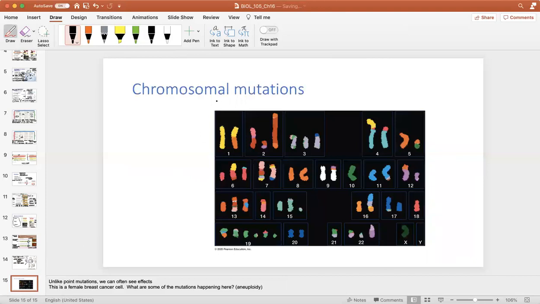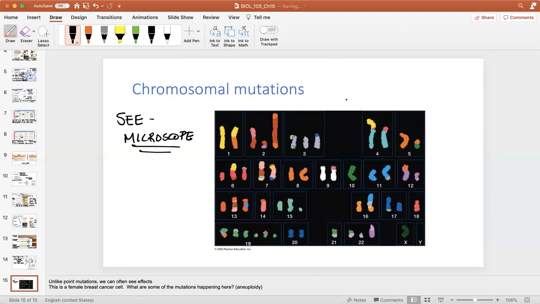The last thing that I wanted to mention is that unlike point mutations, where we have to actually sequence your DNA to know whether you have a mutation, we can actually see chromosome level mutations using microscopy, because we can visualize chromosomes, right?